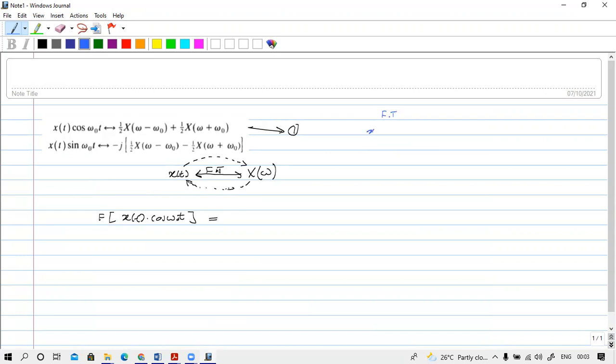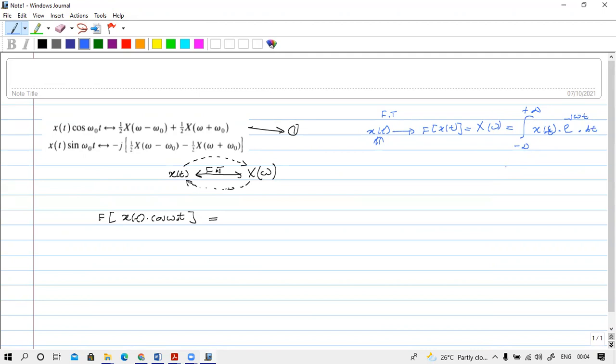That is, if we have signal xt and we get the Fourier transform of xt, we will get capital X omega, and it is defined as the integral from minus infinity to plus infinity of xt, this time domain signal, multiplied by e to the power minus j omega t dt.